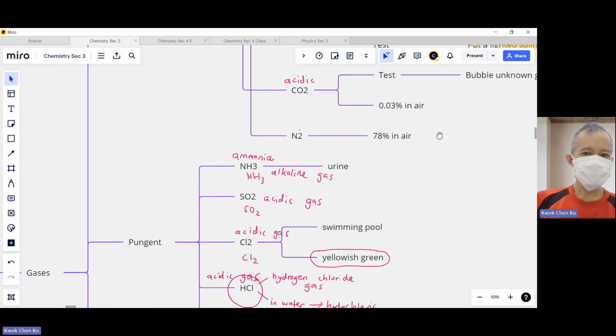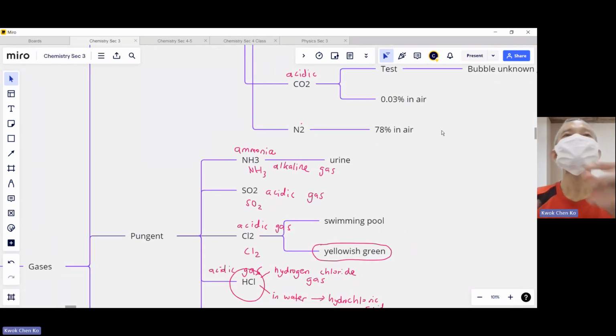Count how many acidic gases are there? There's 4. Good. Neutral? Neutral is 3. Alkaline? There's 1. Try to remember that. Maybe it's a bit too much for now, but these are the 8 most common gases you will see.